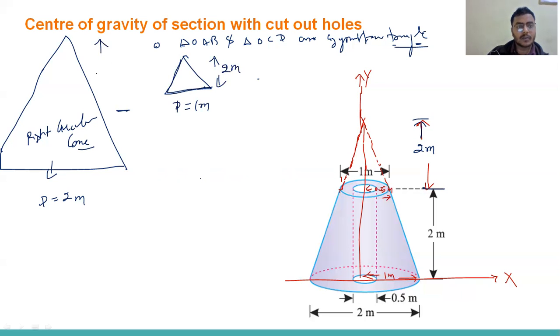Here the total height for the big right circular cone with the larger diameter is 4 meter, 2 plus 2. So I will deduct this first one, then I will deduct this central portion, a hole. You can see this hole is a cylinder. So there I'm going to deduct this one.